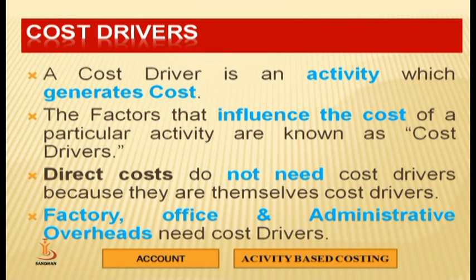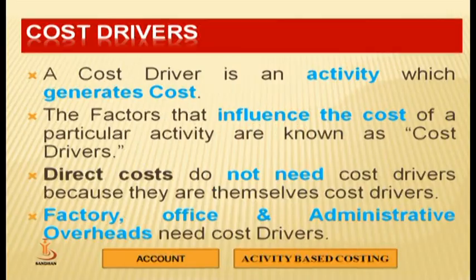That's why this is a very important point in activity-based costing. Factory cost, office and administrative cost, selling and distribution cost, which are indirect in nature, do require calculating the cost drivers to implement the activity-based costing method.